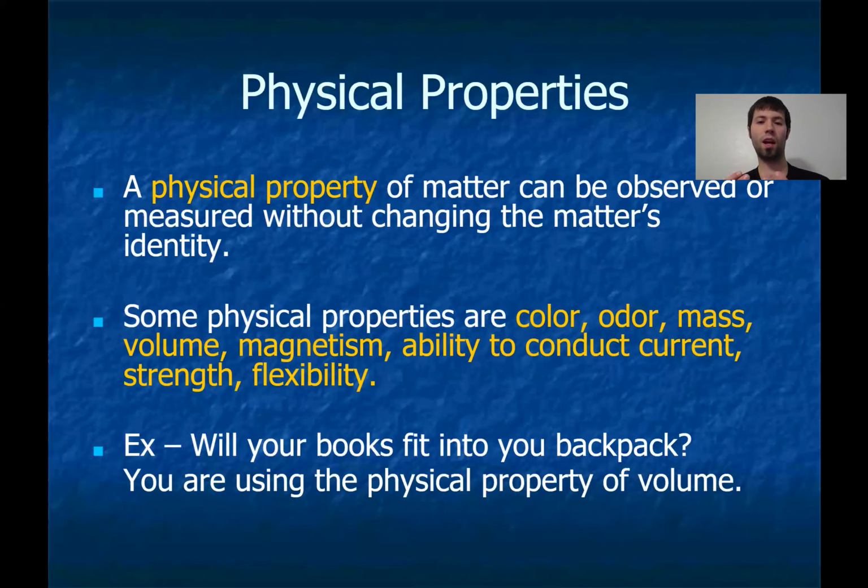These things describe matter, and I can change a lot of them without changing what something actually is. An example they give is, will my books fit into my backpack? When I talk about my books in my backpack like that, I'm talking about their volume, how much space they take up. When I talked about how long my pillow was, about 2 feet long, that is a physical property.